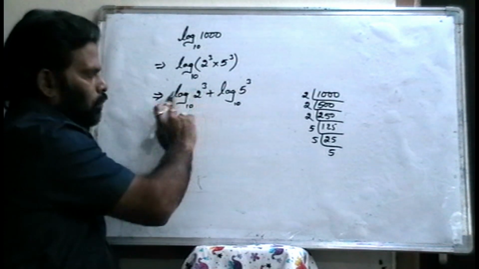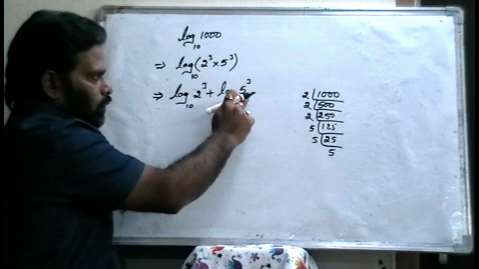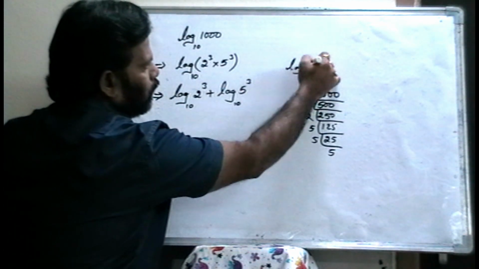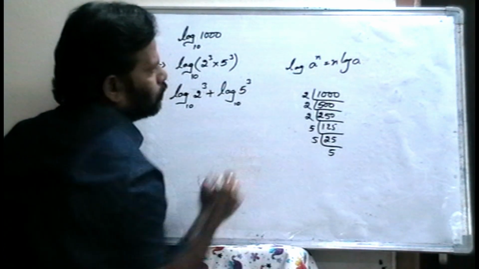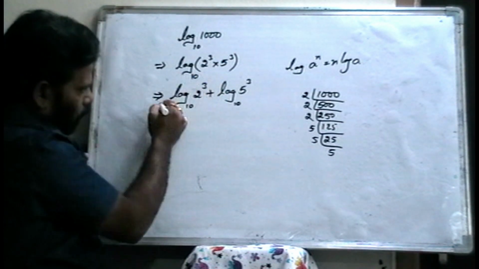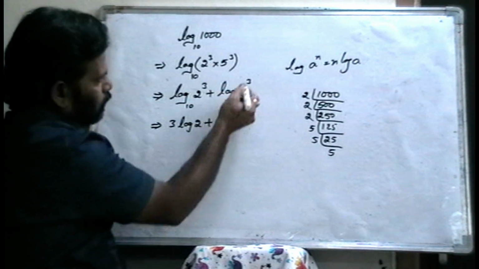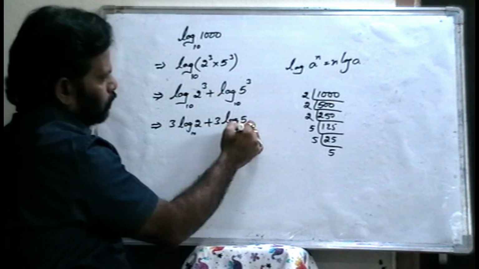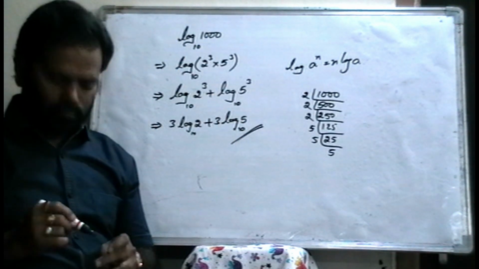Now these two terms are in the form of log A to the power of n, but we know that log A power n is equal to n log A. That implies 3 log 2 plus 3 log 5 to the base 10. So this is the expansion of log 1000.